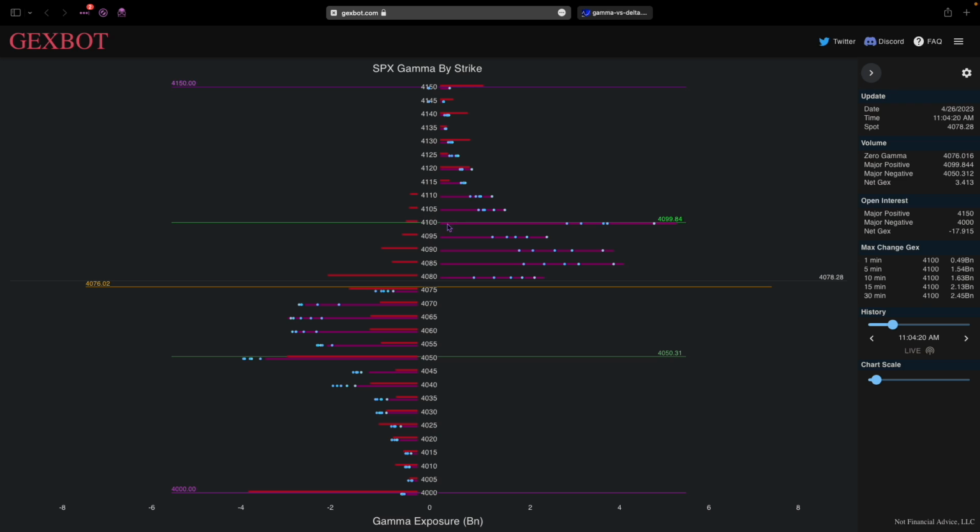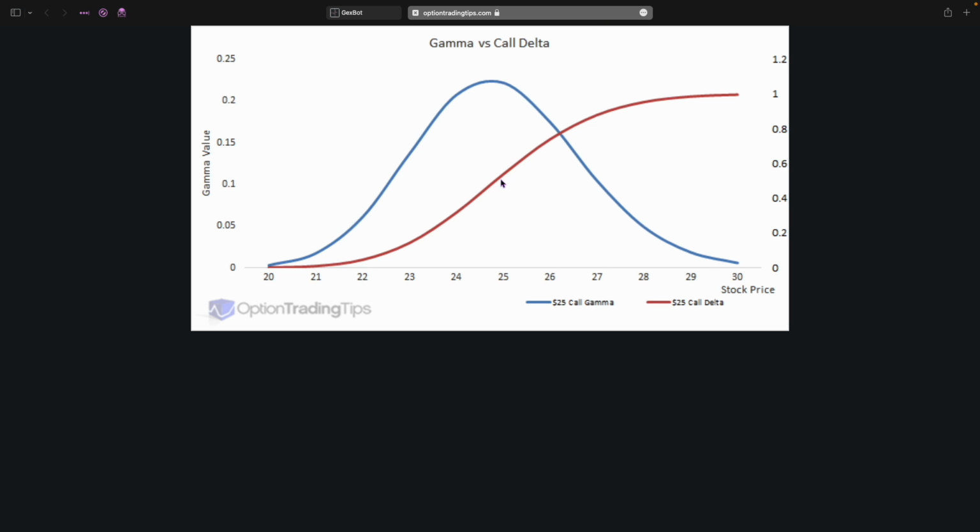But as soon as we've hit 4100, their risk in terms of pure deltas is still increasing if price passes the 4100 strike. But in terms of the rate at which those deltas are increasing, their risk is actually diminishing because the gamma is tapering off, right?